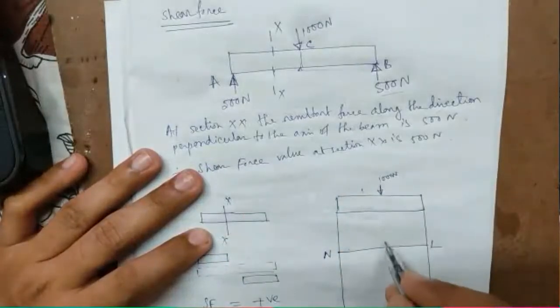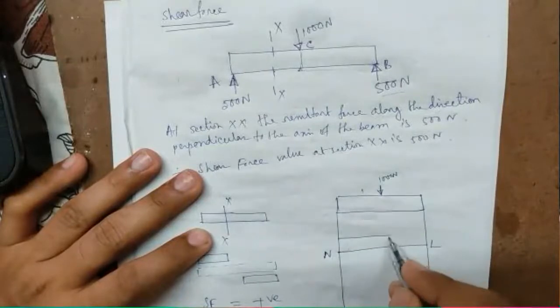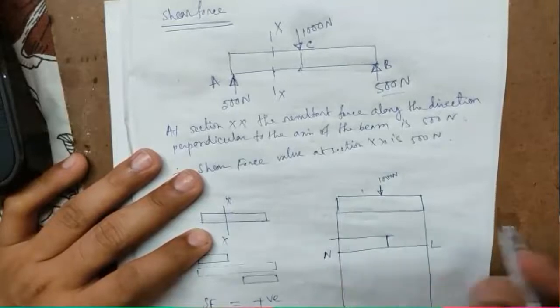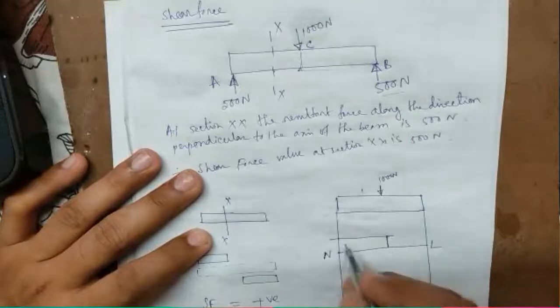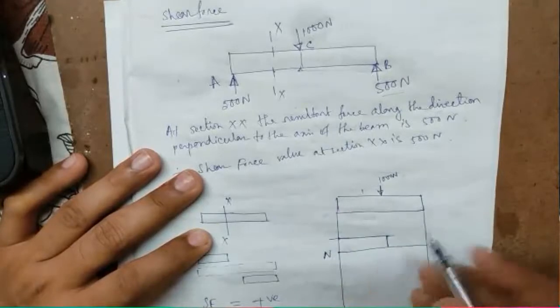So we will draw this type of diagram. Shear force is not changing. At point A it is 500 Newton and up to point C.